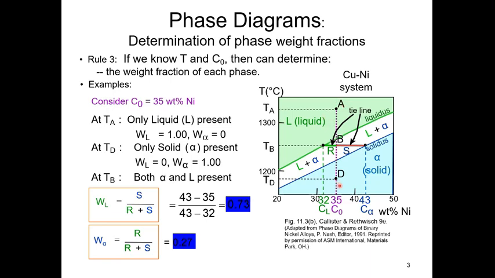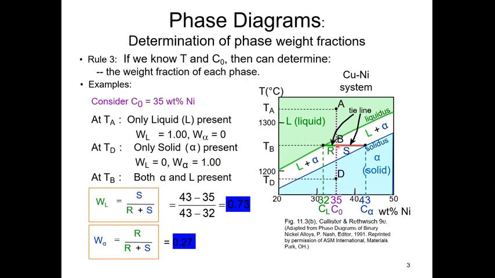Okay, while at this point, at TD, it is 100% solid or alpha. So it means the weight fraction, the WL, will be 0. You do not see any liquid there, while the W alpha, or the solid, will be 1. So 1 means purely 100%.